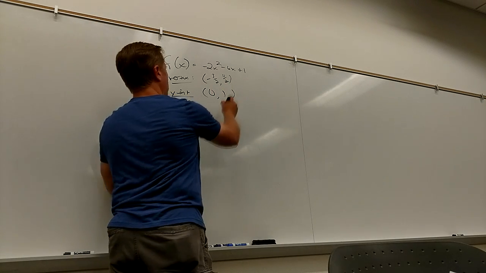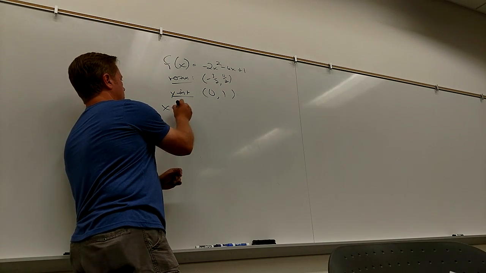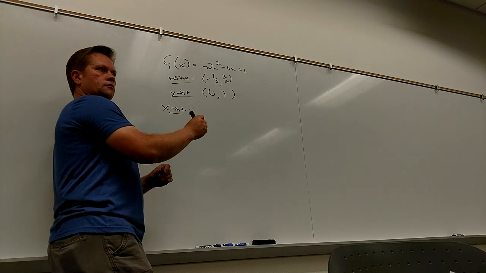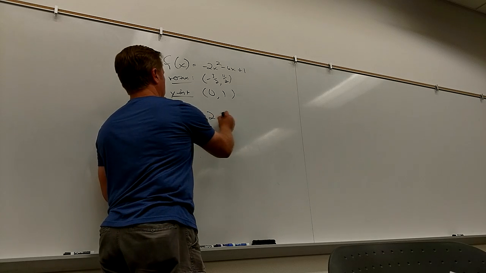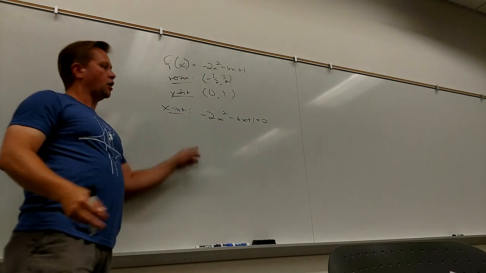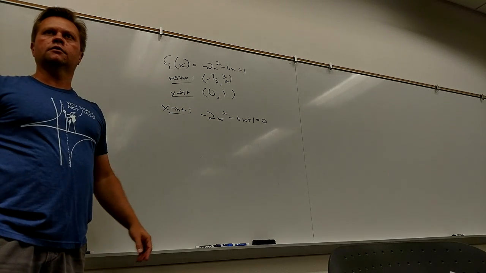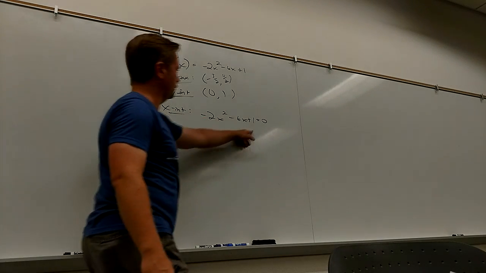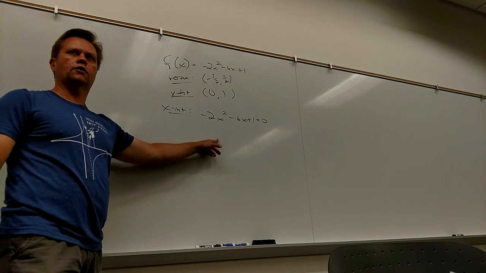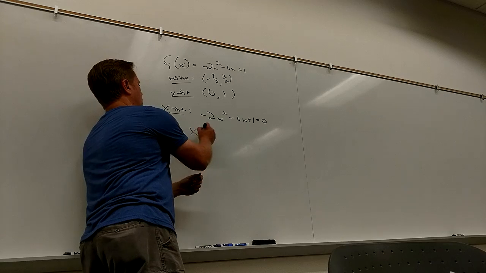Yes, so 0, 1. Now how do I find the x-intercepts? Set y equal to 0, so negative 2x squared minus 6x plus 1 equals 0. It'd be awesome if I could factor that, but you can't. There are no factors of negative 2 that add to negative 6. So I have to use the quadratic formula.